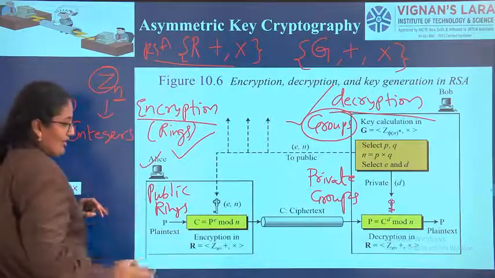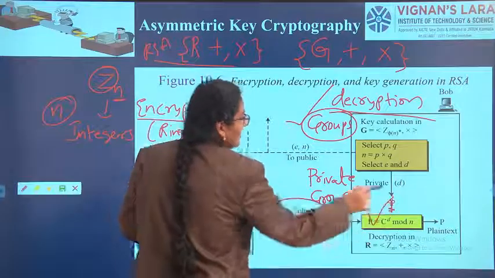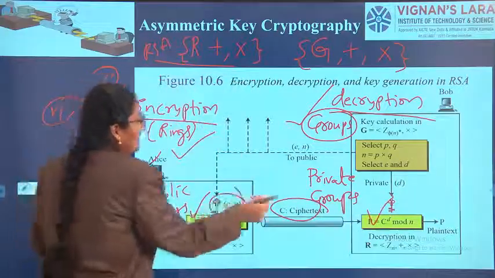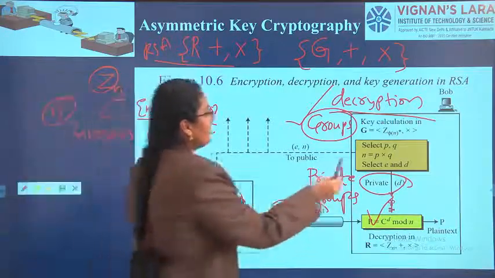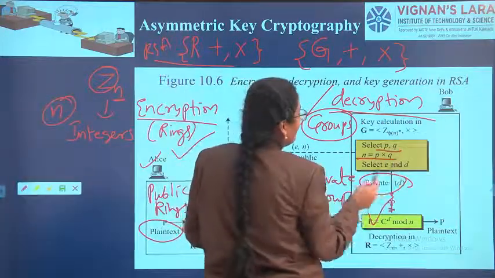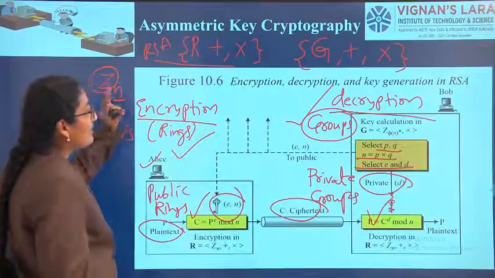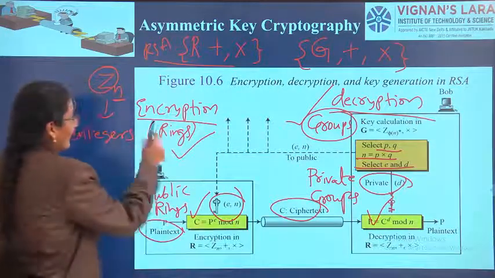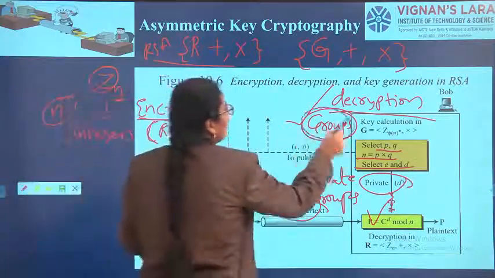Sender and receiver are same. Converting plain text into ciphertext and ciphertext into plain text is same. Public key and private key also same. In the RSA algorithm, selecting P and Q, finding N value, finding E and D, same. Everything is same. But what is the new point added here? For encryption they are using rings. For decryption they are using groups.